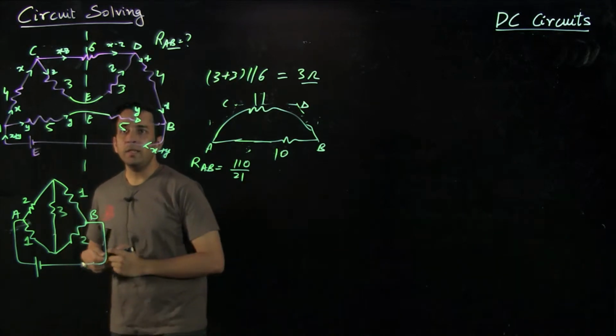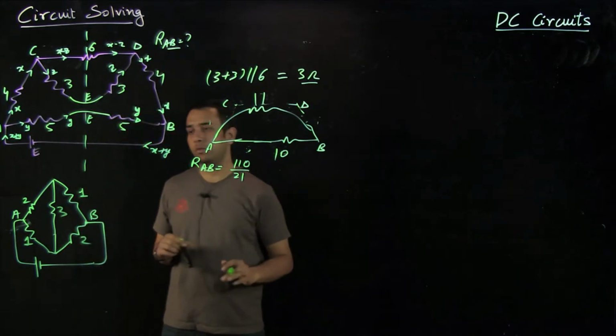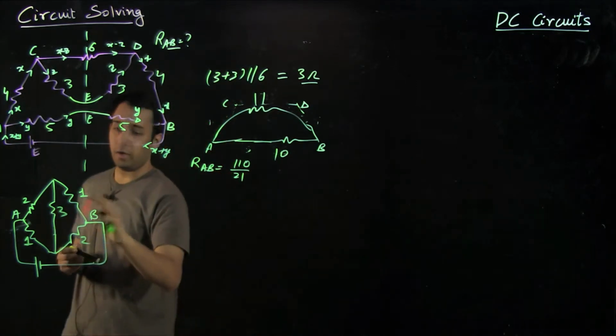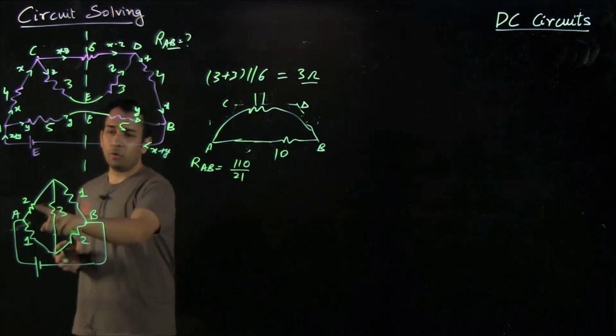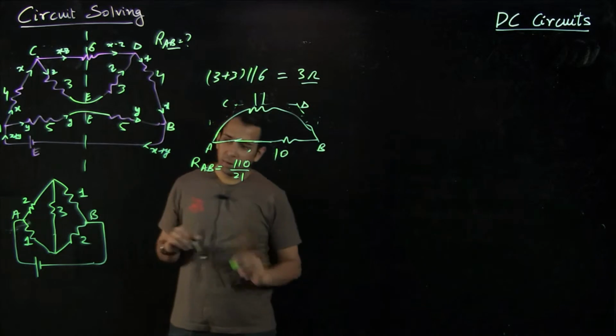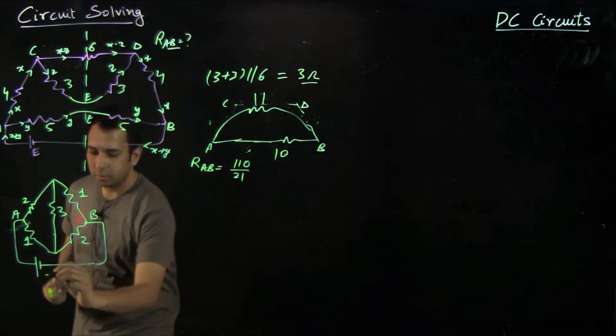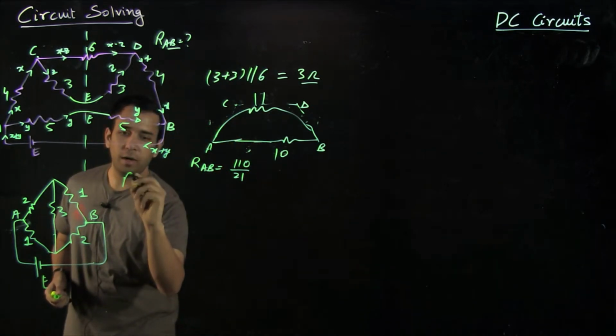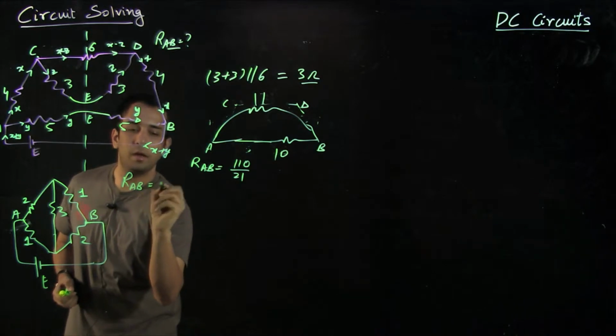As you can see, it is not a Wheatstone bridge, because 2 by 1 is not equal to 1 by 2, or 2 into 2 is 4 and it is not equal to 1 into 1. So it is not a Wheatstone bridge, and now let's say we have E, we are asked to find out what is RAB.